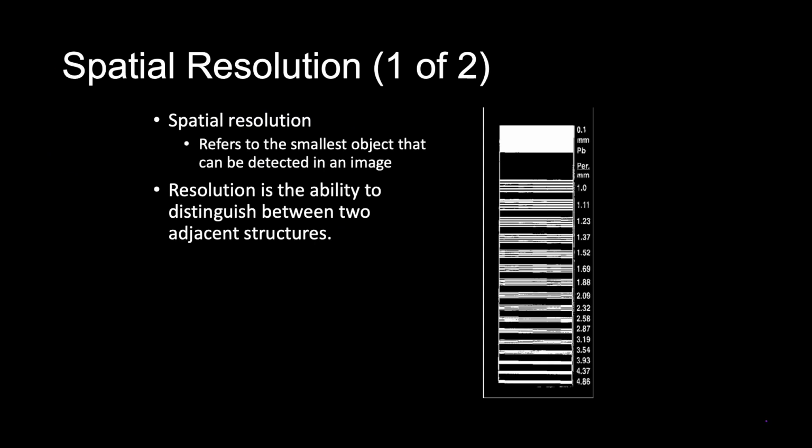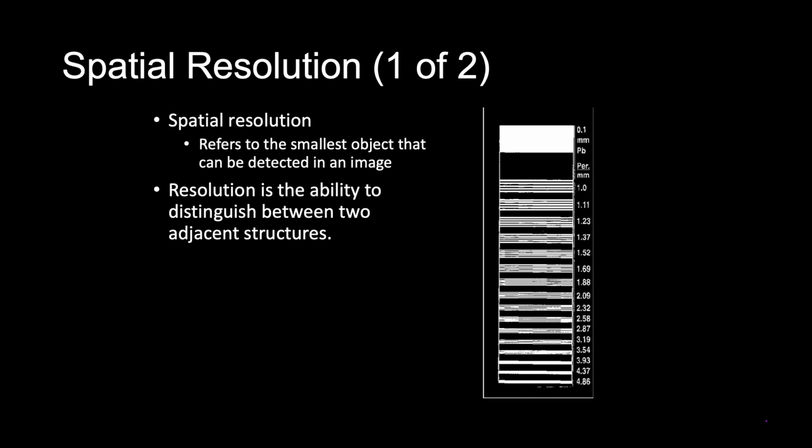The quality of a radiographic image depends on both the visibility and the accuracy of the anatomical structural lines recorded, which is the sharpness. And to produce a quality radiograph, the anatomic details must be recorded accurately and with the greatest amount of sharpness. Spatial resolution refers to the smallest object that can be detected in an image, and it's the term used in digital imaging.